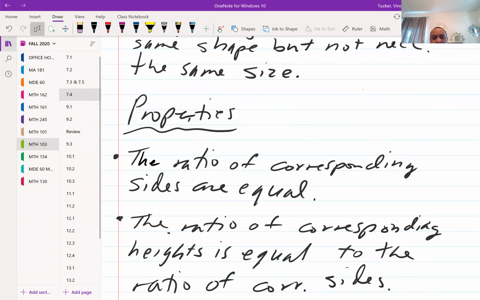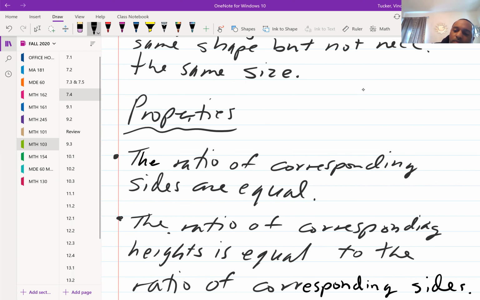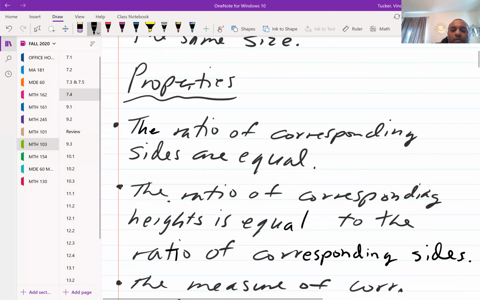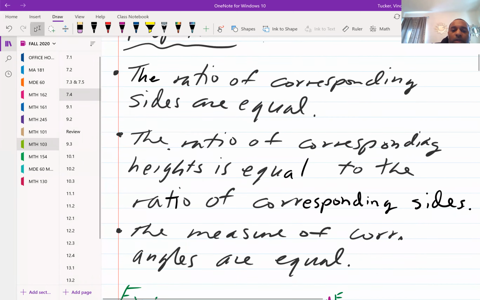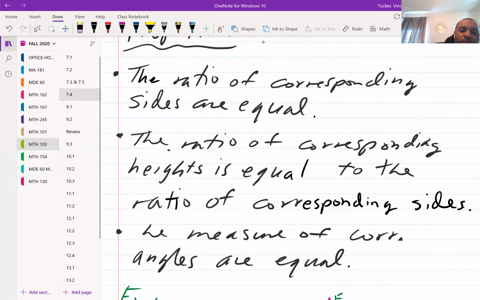The ratio of corresponding heights is equal to the ratio of corresponding sides. Then the measures of corresponding angles are equal.